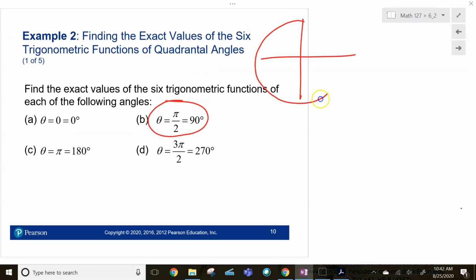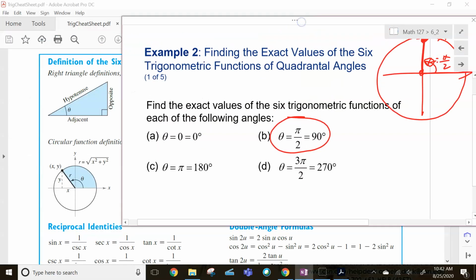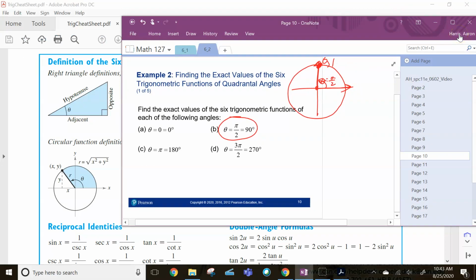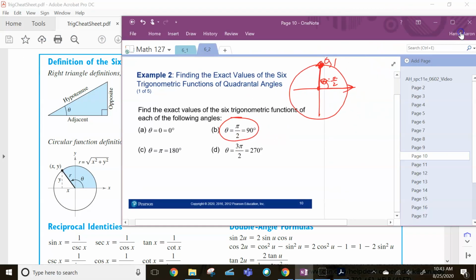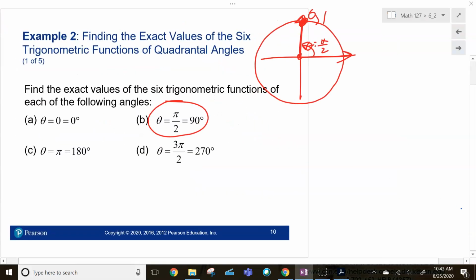So I'm looking on my unit circle, starting here. I'm going to rotate pi halves amount, so theta is pi halves. So I end up right here. I say, okay, what point is that on the unit circle? It's 0, 1.